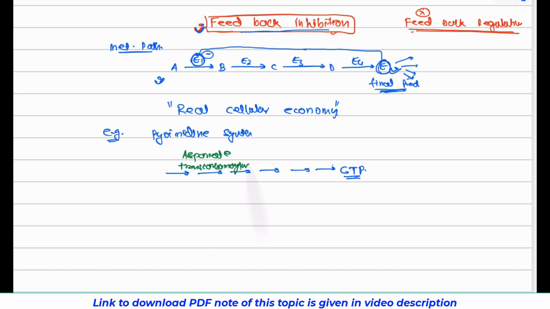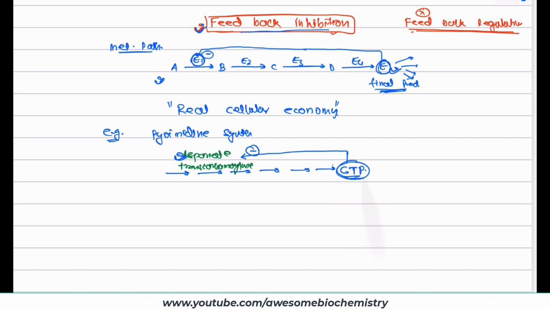This CTP, cytidine triphosphate, being the final product, allosterically inhibits aspartate transcarbamylase. So by this, unnecessary CTP cannot be accumulated in our body. So this is how feedback inhibition works.